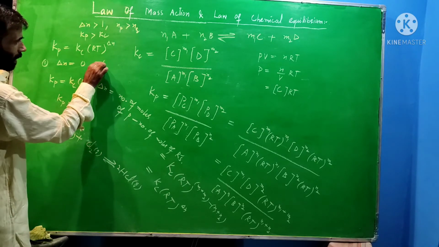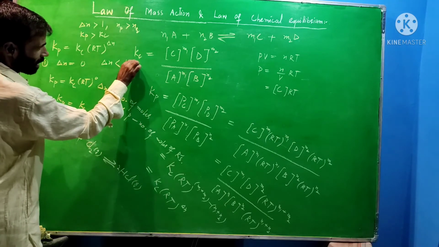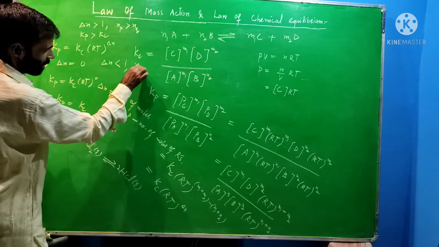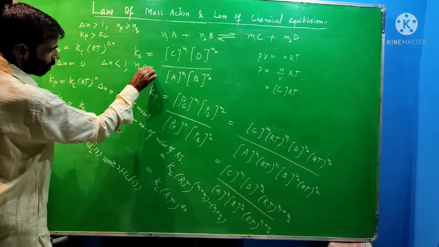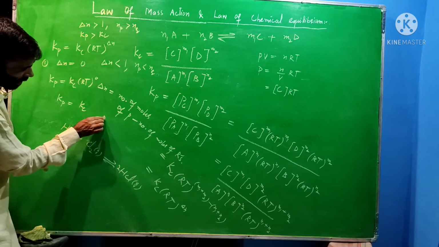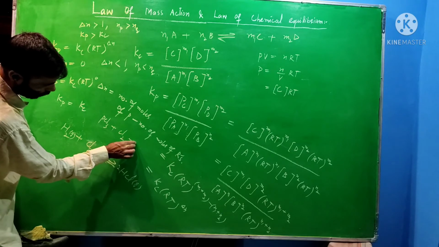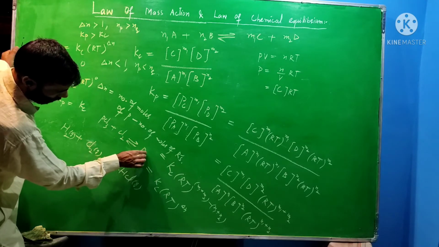Now, if delta n is less than 0, meaning the number of moles of products is smaller than the number of moles of reactants. Let us take this example: PCl3 plus Cl2 leading to the formation of PCl5.